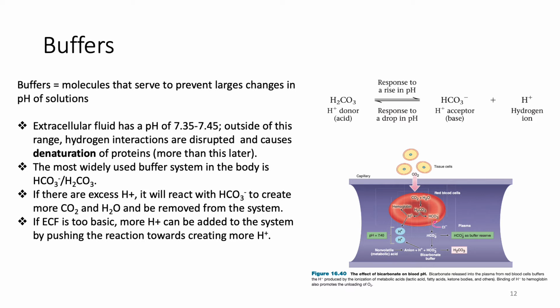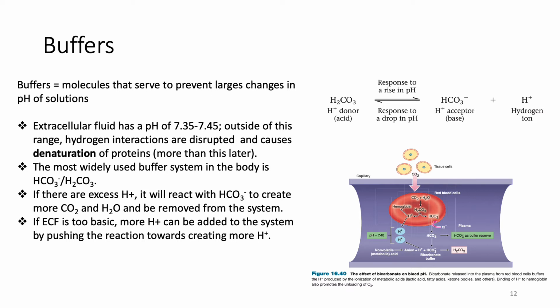If H plus concentration in the blood begins to fall, that is, if pH rises, the reaction proceeds to the right and more carbonic acid dissociates, replenishing hydrogen ions in the solution.